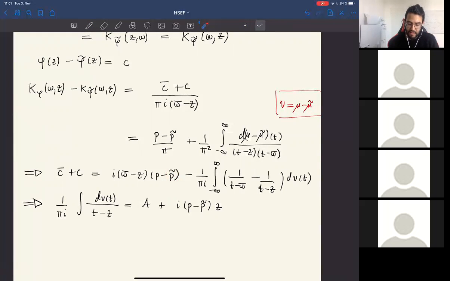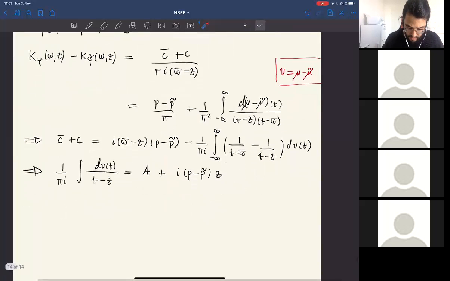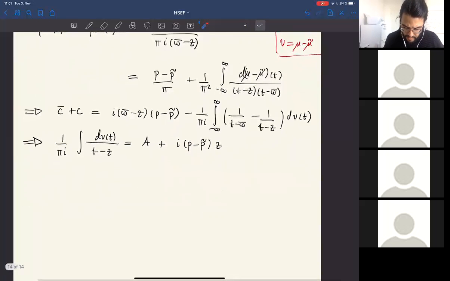Oh no, probably this should be z with the minus and this with the plus. Yeah, that has to be it. Great, this is correct. Any questions here so far? Maybe I'm going fast in the computations, I don't know.